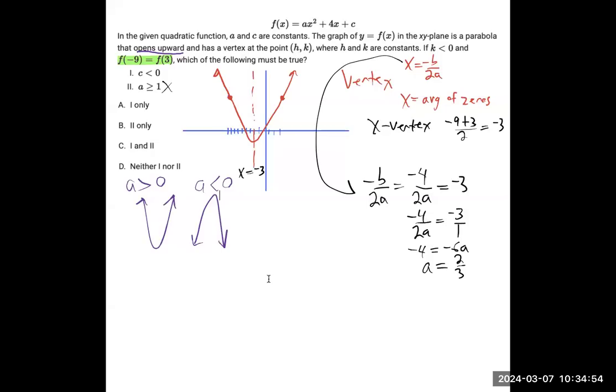Now, are there any other clues we're getting here? k is less than 0. What is that telling us? So if our vertex is hk and k is a negative number, well, that's our height. And our height is negative.